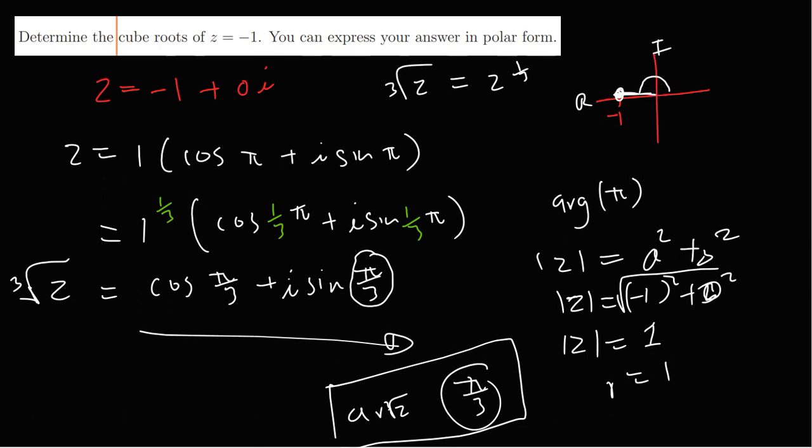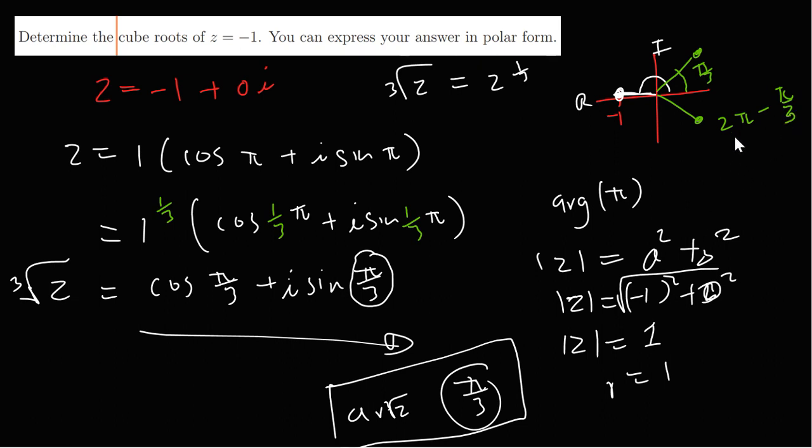Pi over 3 should be something about here, right? And if it is here, it can also happen around here. Okay, so if this is pi over 3, this is going to be 2 pi minus pi over 3.